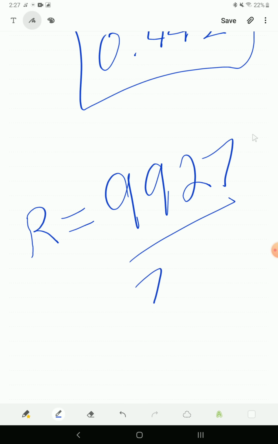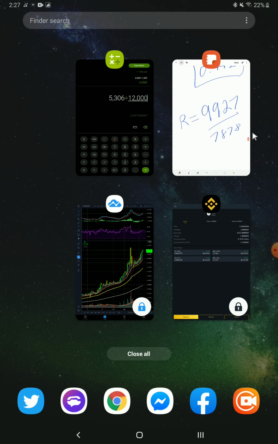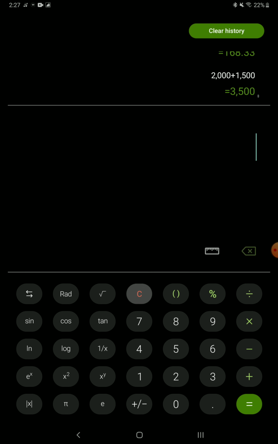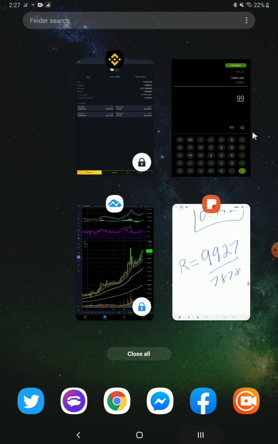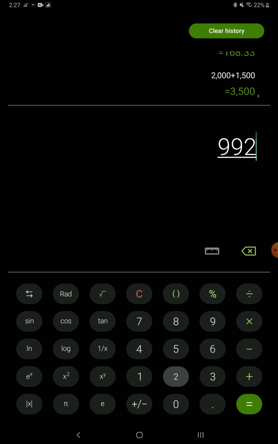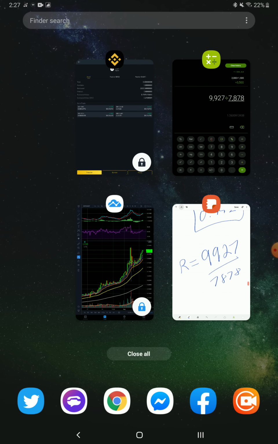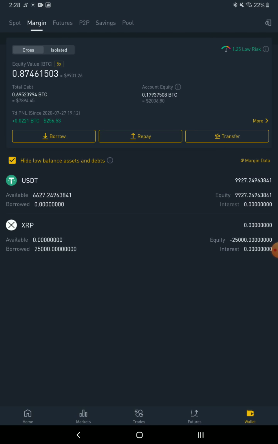That should be 1.25, obviously. I don't have a good memory today. 99.27 divided by 78.78. Yeah, it's about 1.26, 1.25, right? We're close enough.